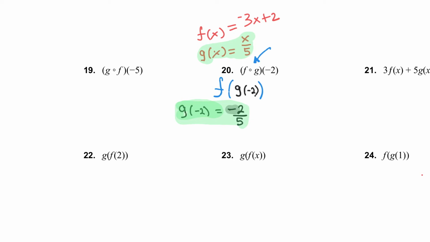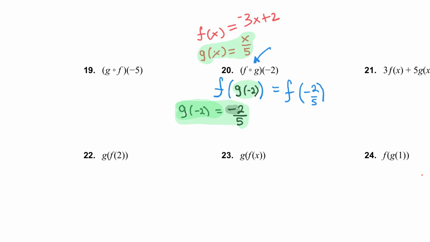So now what you're going to do is take the output of G of -2, which is -2/5. So G of -2 comes out to be -2/5.